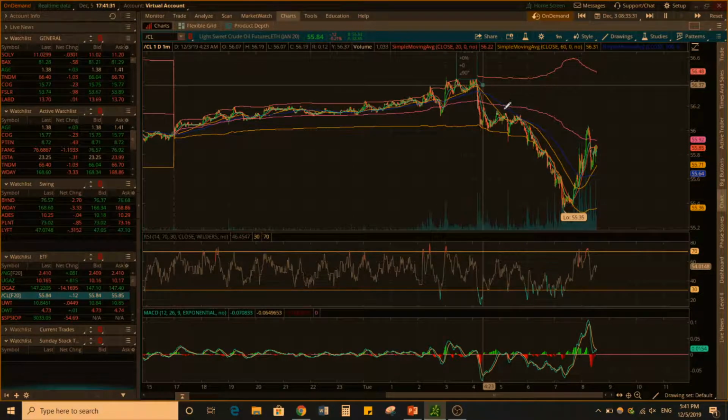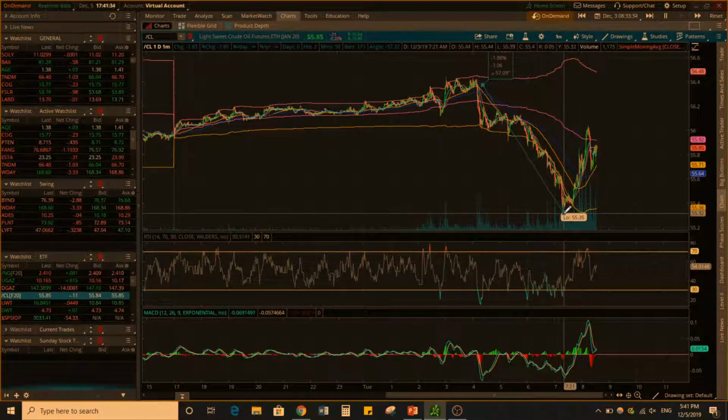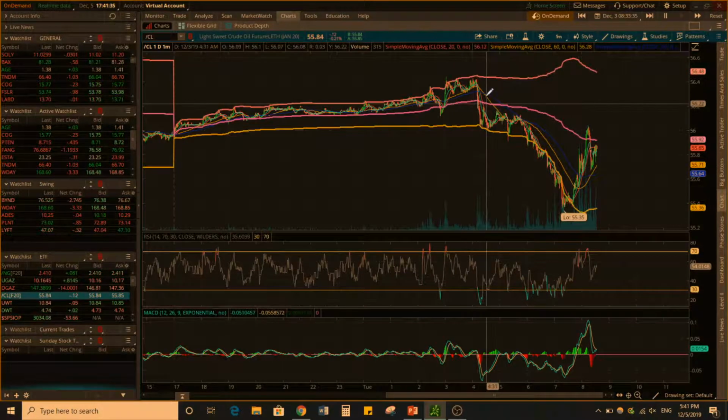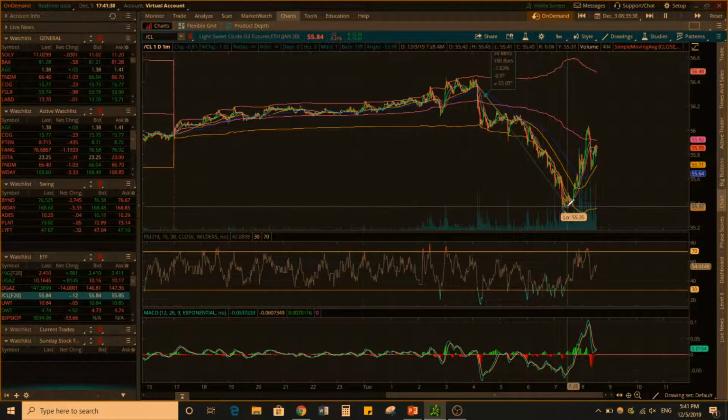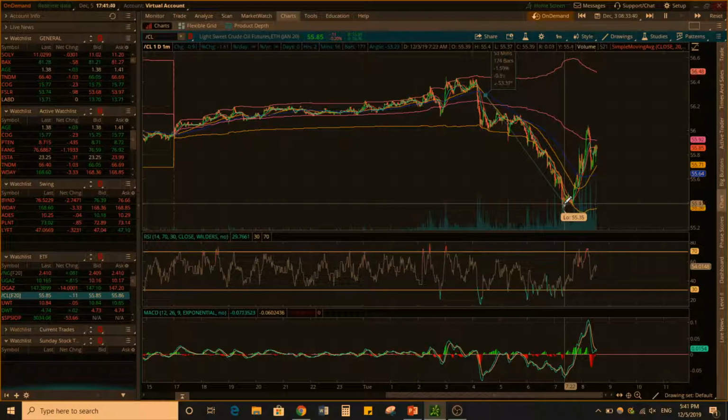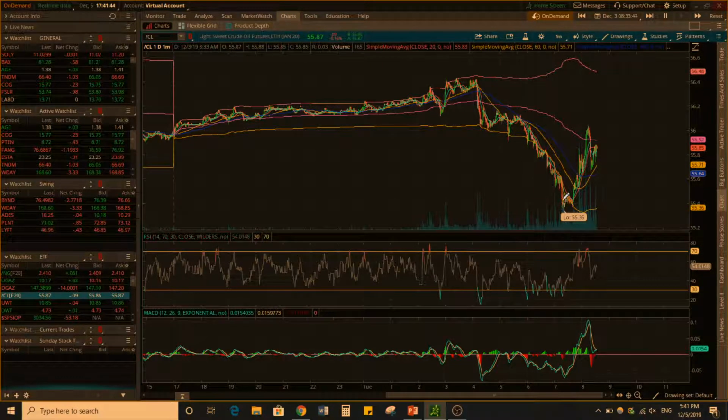Wow, on CL, it sold off. Let me get a ballpark estimate. It sold off about 1.5, almost 2%. That would correspond to maybe 5% on the corresponding ETFs.